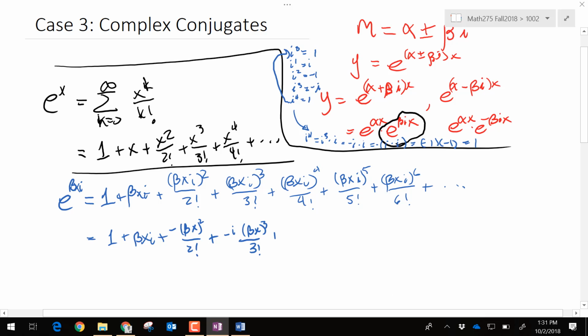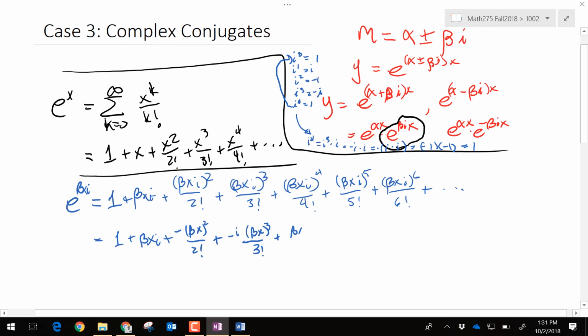And then we have, what's i to the 4th? i to the 4th is just 1, right? So this is just beta x to the 4th power over 4 factorial.